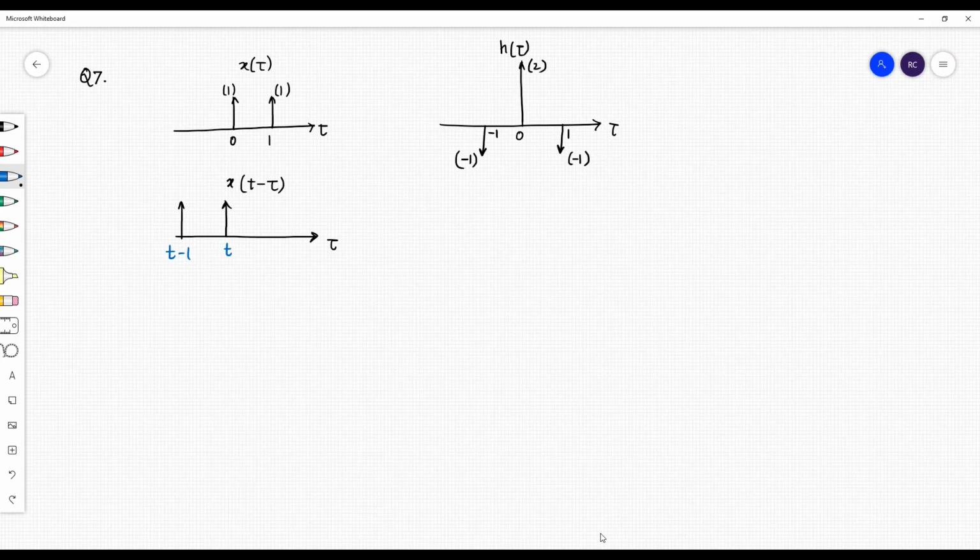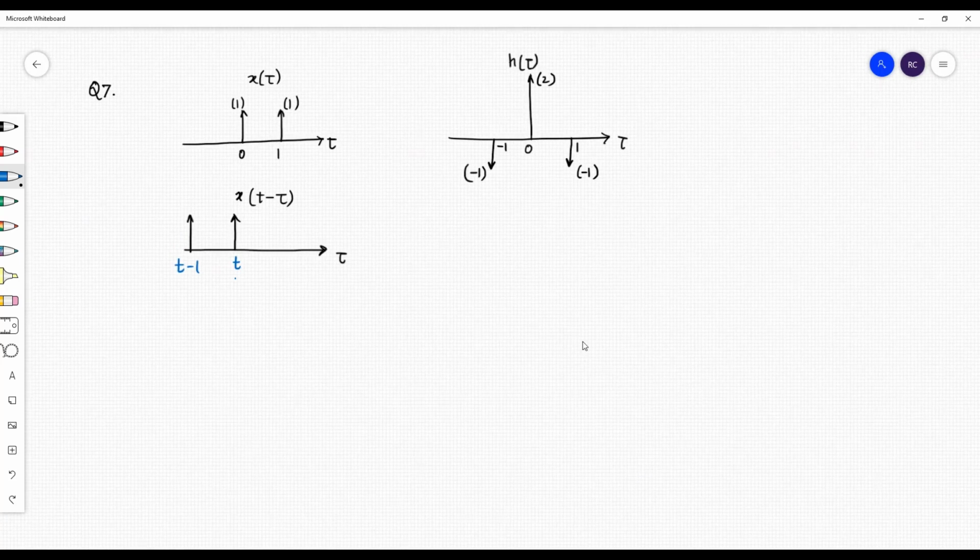Say in the first case, this t has not yet reached minus 1, tau equal to minus 1. So for t less than minus 1, we can say that y(t), which is the convolution between the two, is 0, right?